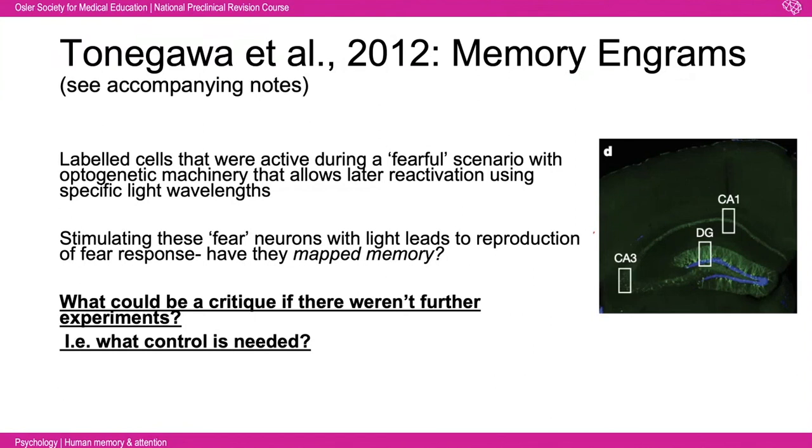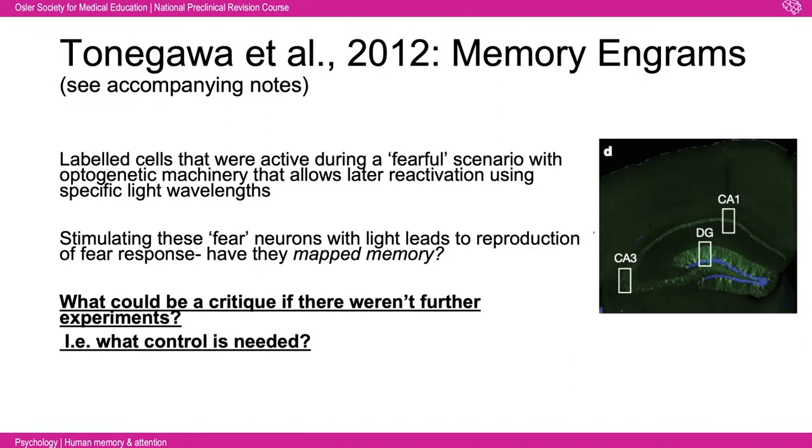And this is one of the coolest experiments I came across in my FHS, because I picked neuro, and it still sticks with me. So basically, this group were trying to essentially find the cellular basis of memory. And to do that, they wanted to tag cells that represent a memory and then reactivate those cells and see if it triggered the memory again. So they put rodents in quite a fearful scenario, and they used some really clever technology called optogenetics, which might have crept into your syllabus by now, but I don't think it was in our second year.